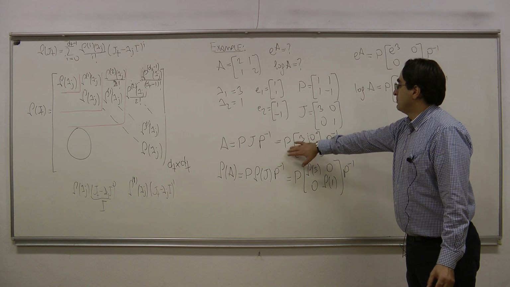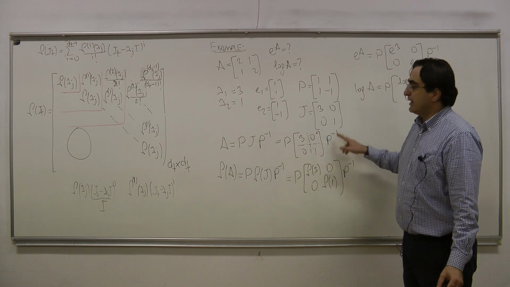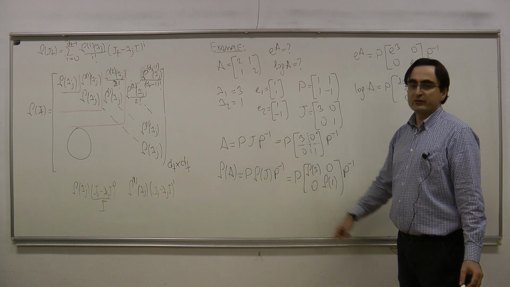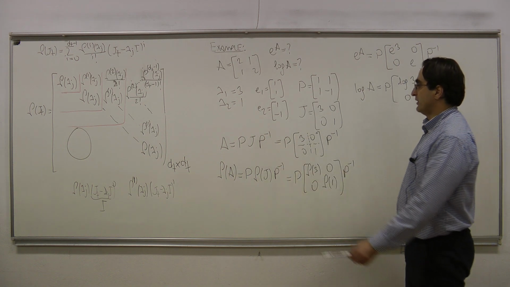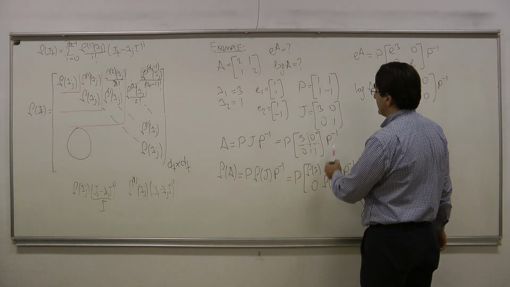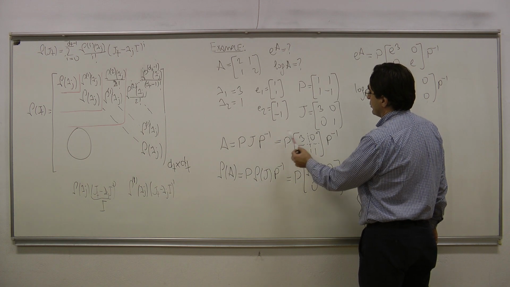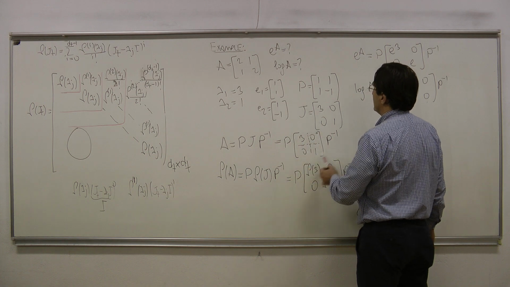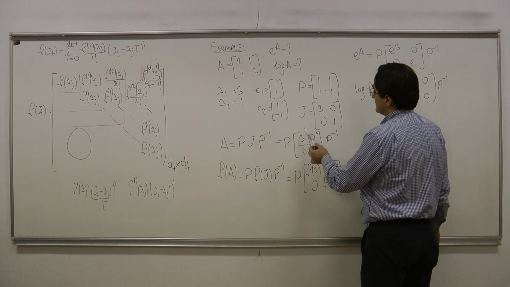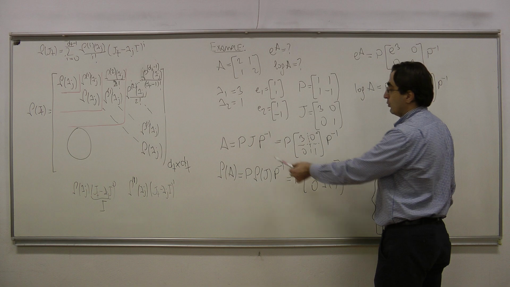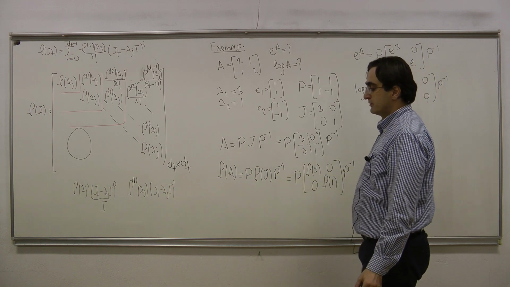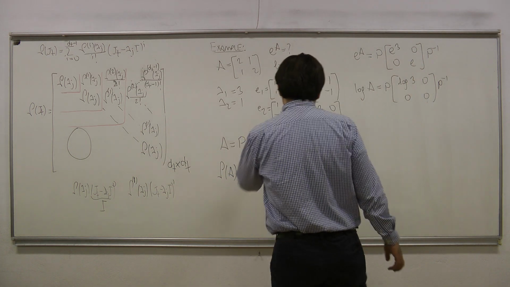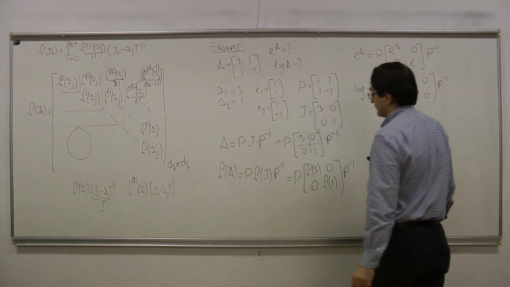So this is an eigen decomposition of the matrix A. The eigenvectors are the columns of P, and the eigenvalues are on the main diagonal of the matrix Lambda, or J as we call it in this case.